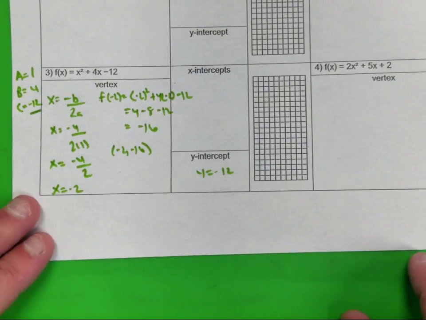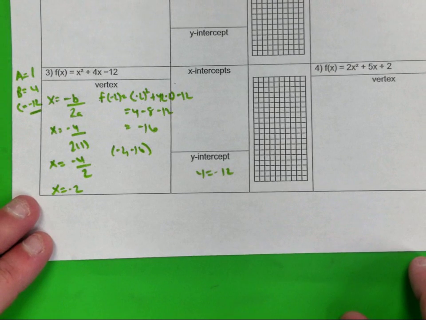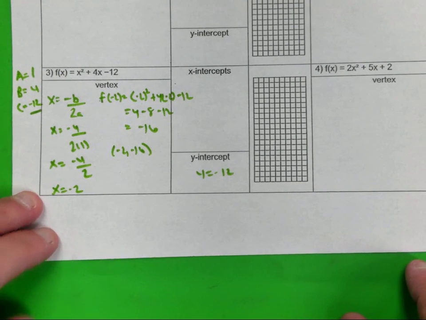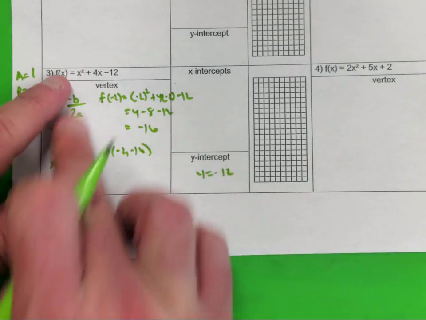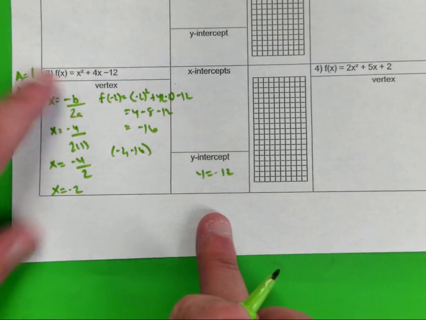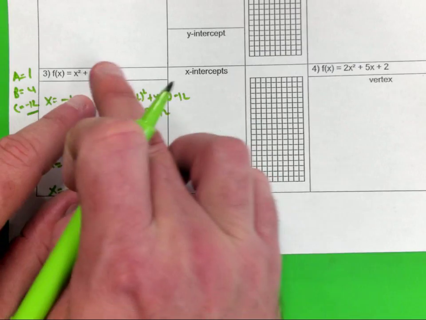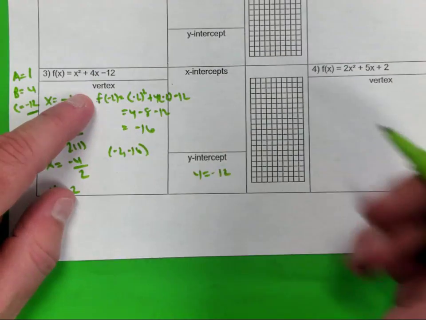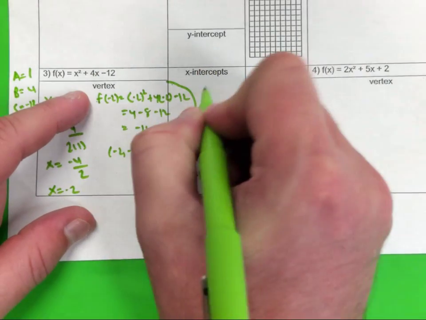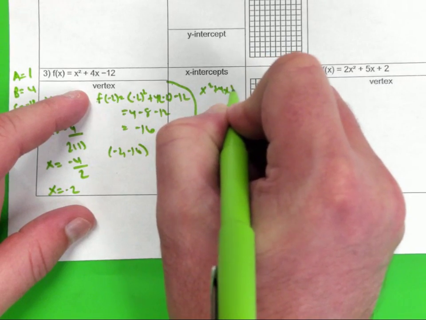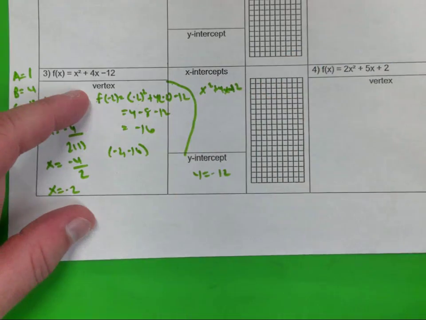All right, now, I always say the x-intercept for last. And this is the reason why, because x-intercepts involve factoring, don't they? So I used the original equation for all these parts right here. But when you get to this part, that's when you can factor it, okay? So let's look here. So I got x squared plus 4x minus 12.